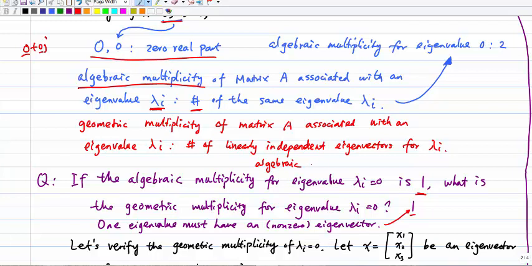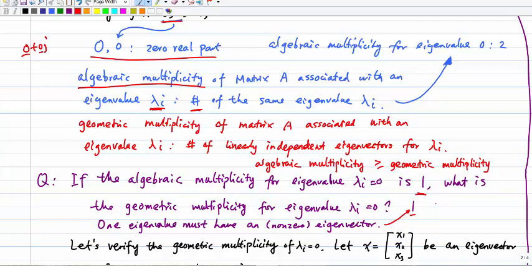Also, another property is that the algebraic multiplicity must be greater than or equal to the geometric multiplicity. Since the algebraic multiplicity is 1, the geometric multiplicity must be equal to or less than 1. And since we already have at least 1, of course the geometric multiplicity is equal to 1.